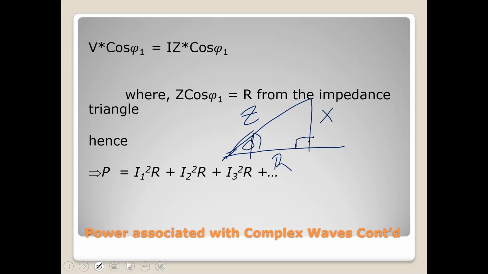That's our impedance triangle. Based on this impedance triangle, R, which is the adjacent, would be equal to Z cos phi. You agree with that? Yes, sir.